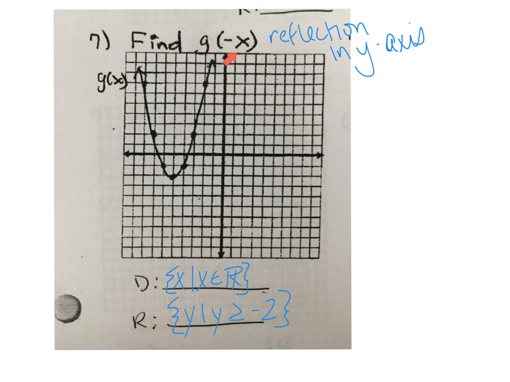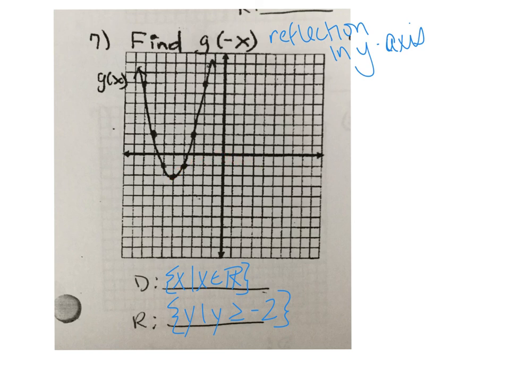So all of this graph gets reflected onto the other side as if you were looking into a mirror. So this point here, that is at -5, -2, moves to +5, -2. And this point here, that's at -4, -1, moves to +4, -1.